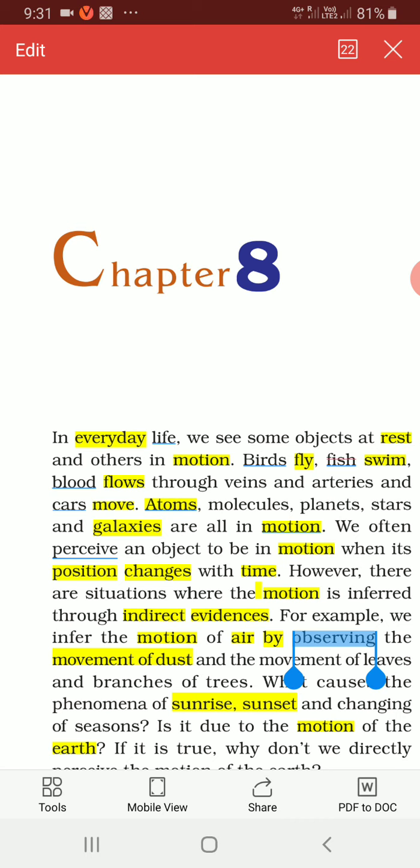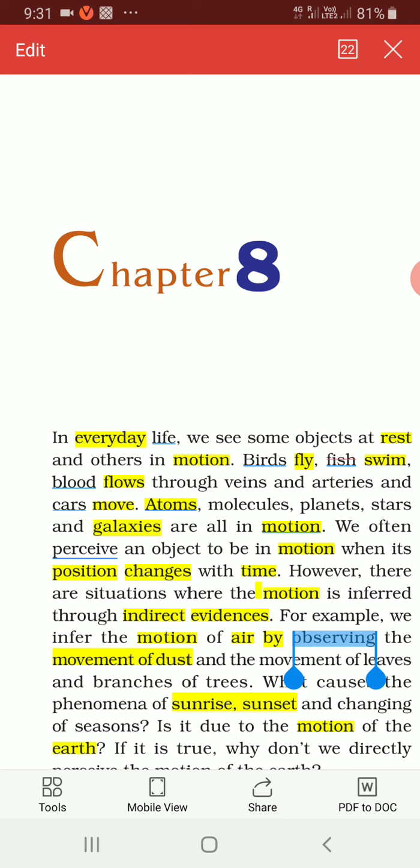Now, we know when an object is in motion and when it is at rest. When an object changes its position with respect to time, it is in motion. Here is one example I can give you.